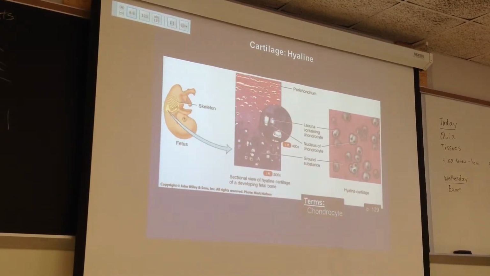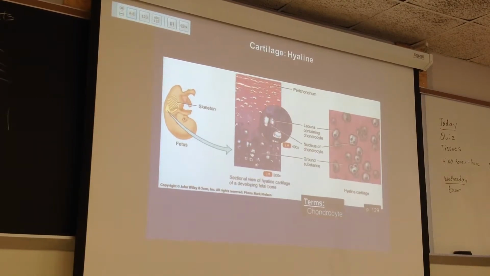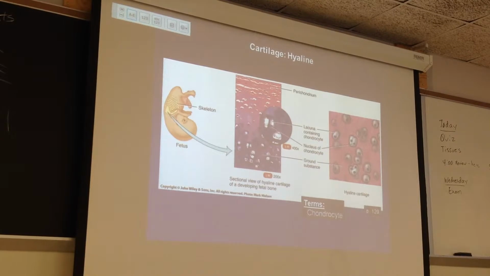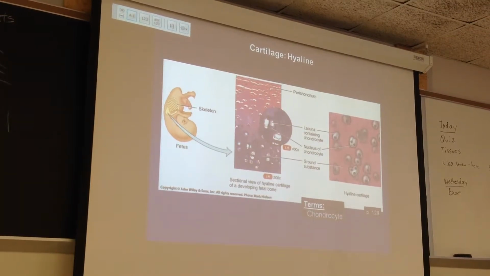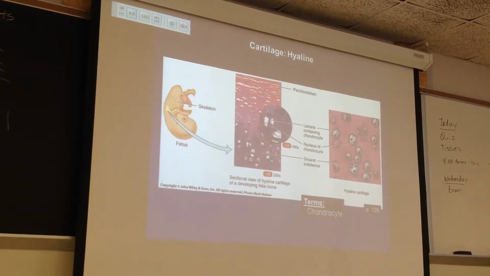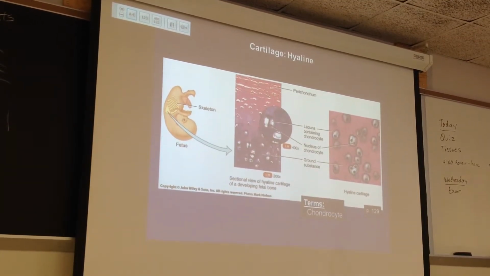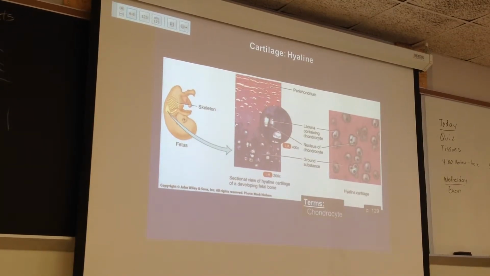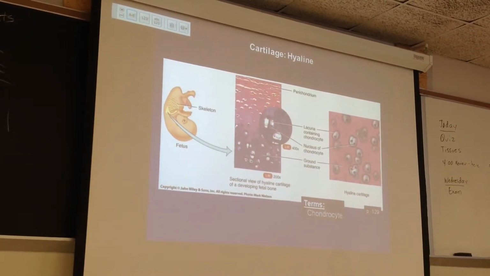Let's go on to some of these special connective tissues now. We've got cartilage. Cartilage is a typical connective tissue with lots of matrix. There are fibers present, and there are cells present. The cells are called chondrocytes. Chondros means cartilage, cyte means cell, and they are producing the matrix of cartilage.